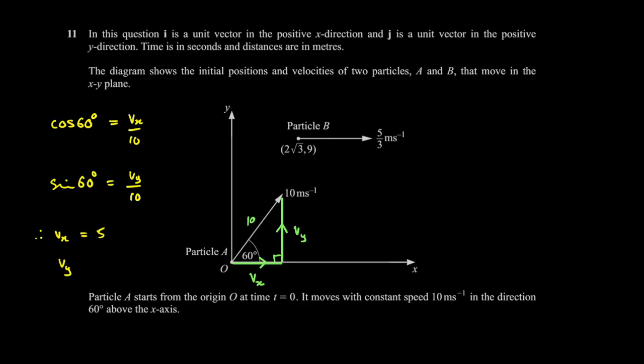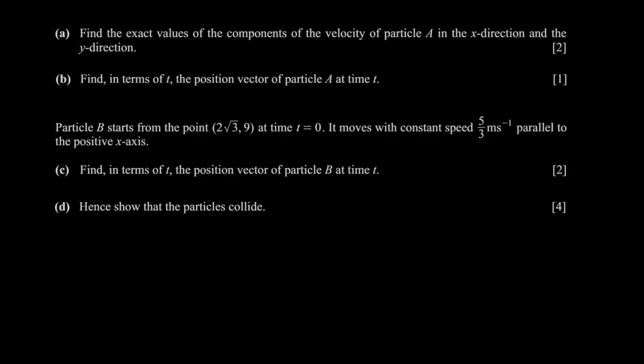And Vy is equal to 10 times by sine 60, and sine 60 is root 3 upon 2, so we get 5 root 3. Okay, so if we were to go over to here, we want to write out the velocity of A. We can say it's equal to 5i plus 5 root 3j. And I think it's better to write this as a column vector, so I'm going to write it as (5, 5 root 3) like that. Okay, so that's part A done.